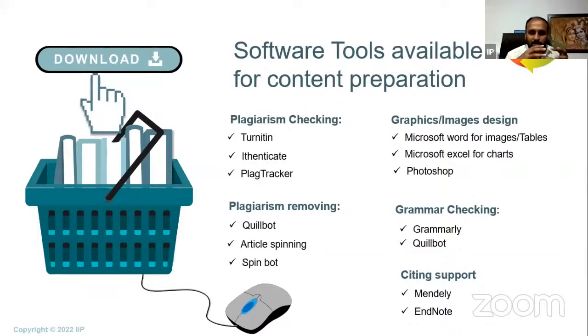So now, for plagiarism checking, we have institution-level licenses that can be used, that is Turnitin and Authenticate. If your institution or university is not providing access to Turnitin or Authenticate plagiarism checking software, you can go with an individual license with Plag Tracker.